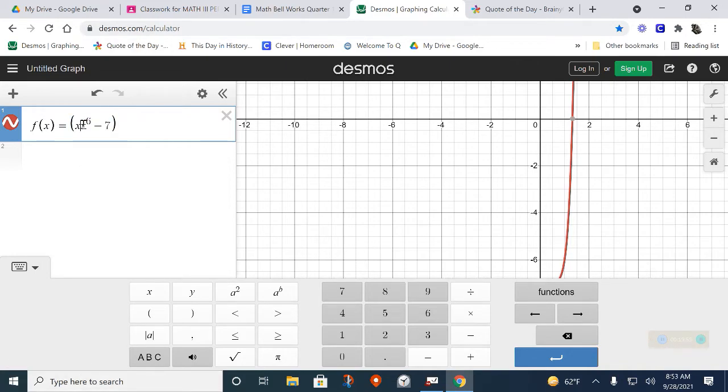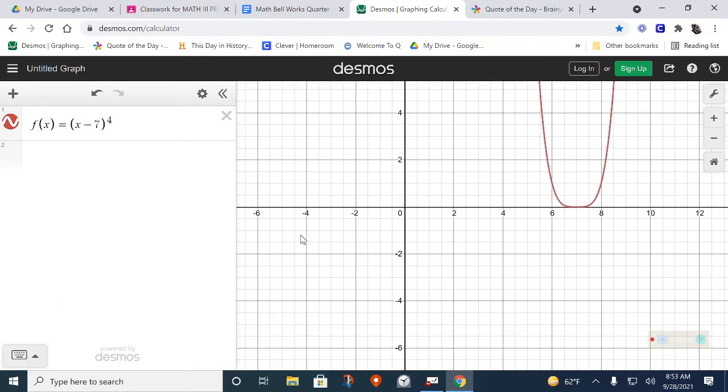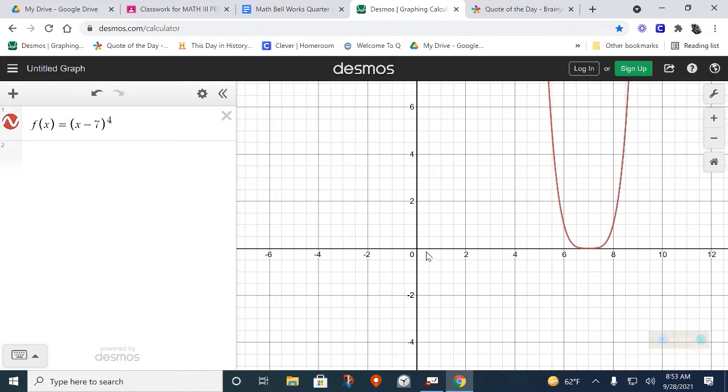Watch this function here. Okay, let's go x minus 7. Let's take all that to the 4th power. Watch this real quick. So we have a polynomial function. Okay. Watch what I do with the x.